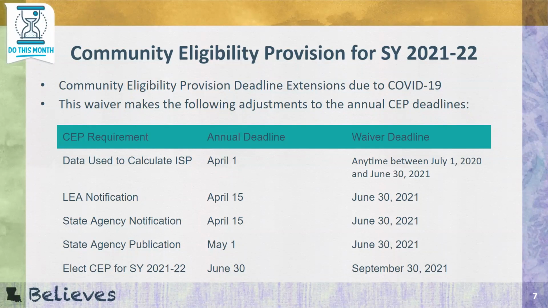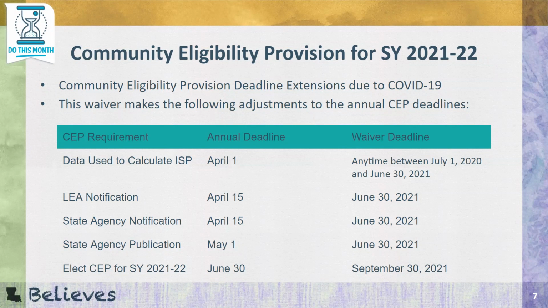So there's usually that one point that we use for determination of ISP. For this school year, SFAs are able to use any point in time between the start of the school year, which was July 1st, 2020, and the end of the school year, which is June 30th, 2021. So you can select any date in that entire year when the data best suits you.